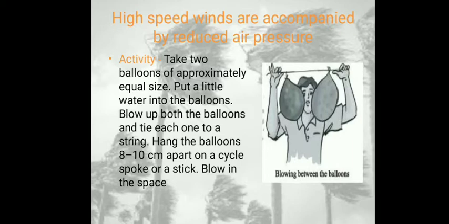Now the pressure on the outside is more than the inside, so the outside pressure will push the balloons together, and they will come towards each other. So this is another proof that high speed winds are accompanied by reduced air pressure. Let us see another example.